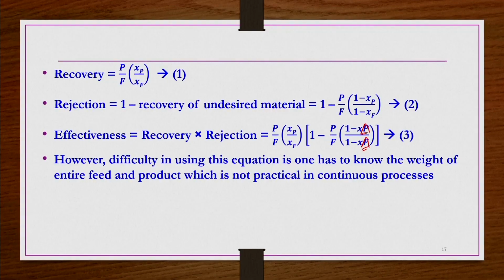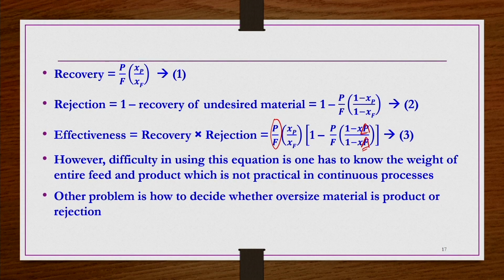So that is one of the important drawbacks of this method: you should know what P and F are, otherwise you cannot use this equation. Another problem with this method is how to decide whether the oversize or the undersize is the product.